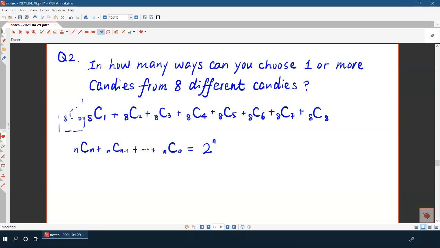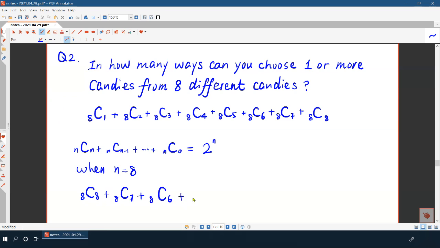So let's say n is 8. We have C88 plus C87 plus C86 plus dot dot dot plus C82 plus C81 plus C80 equals 2 to the 8th.